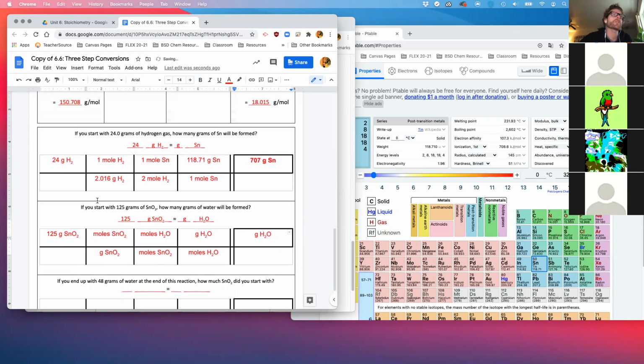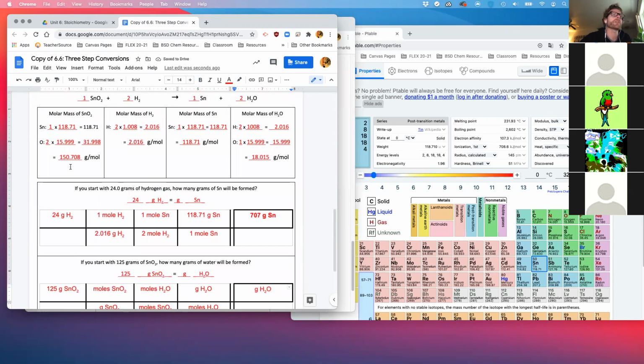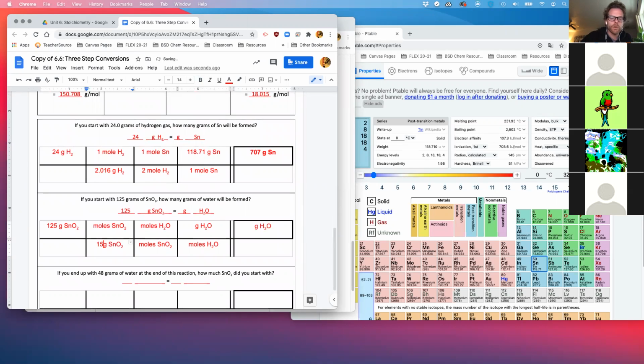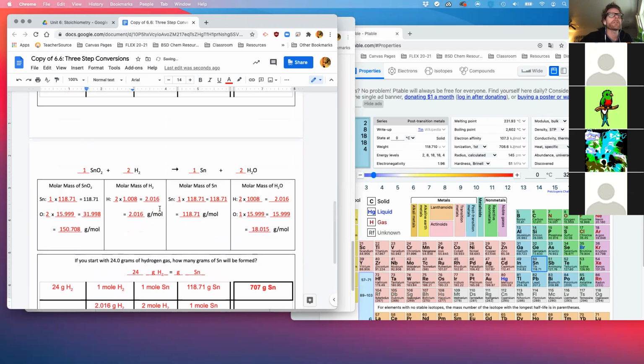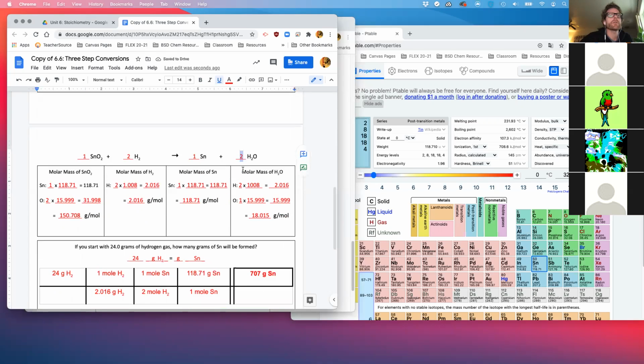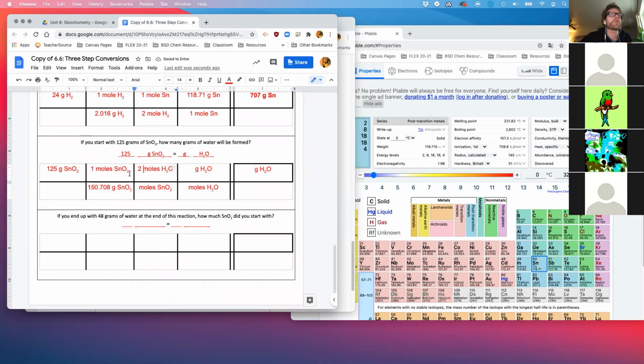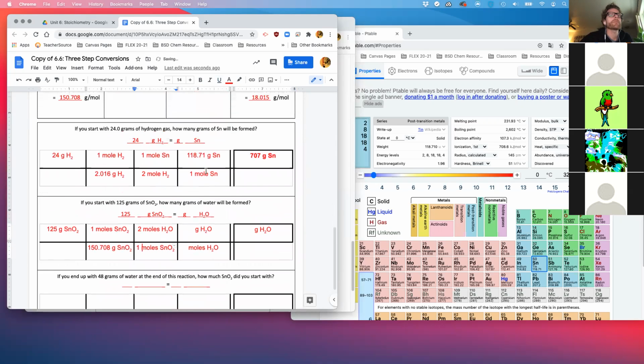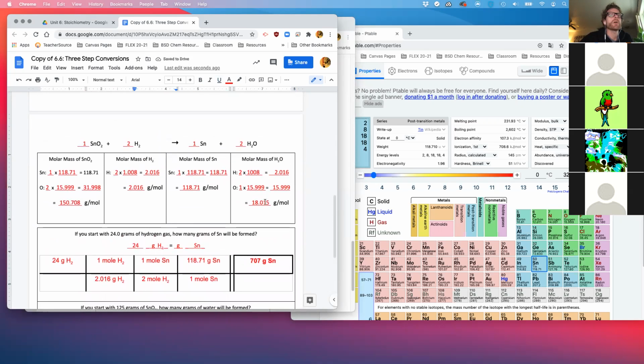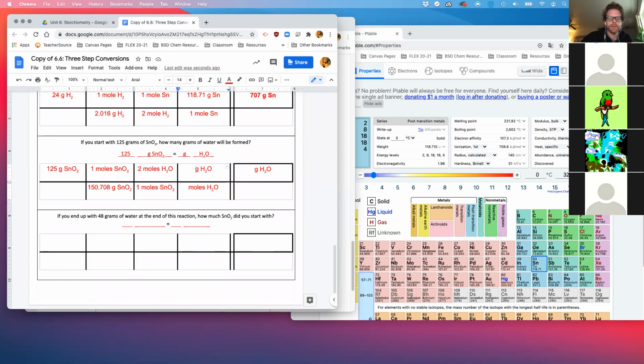Cool, cool. First one I use my molar mass is this one over here, 150.708 for every 1 mole. I look at my balanced equation. Water has a 2 in front of it, so it gets a 2 right here. This one has a 1 in front of it, so you have a 1 right there. And then my molar mass for water is 18.015 grams for every 1 mole. Now it's time for the calculator.